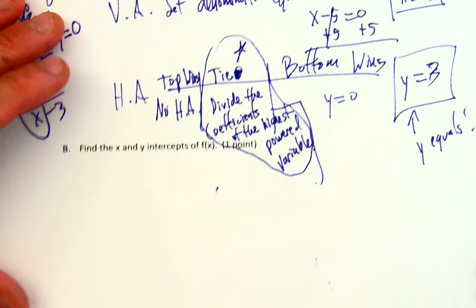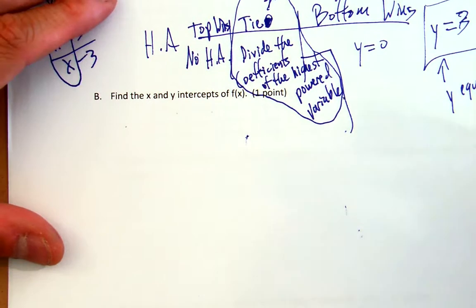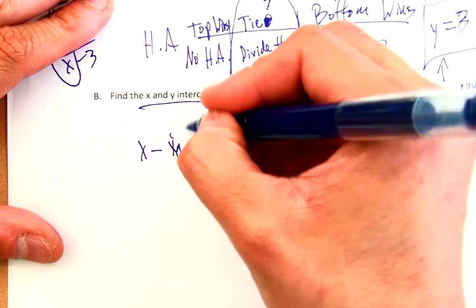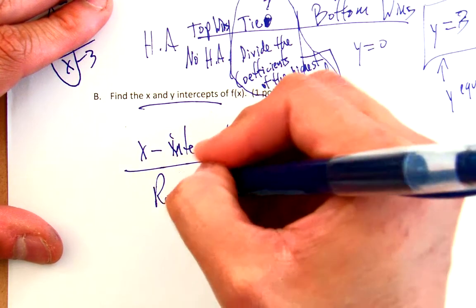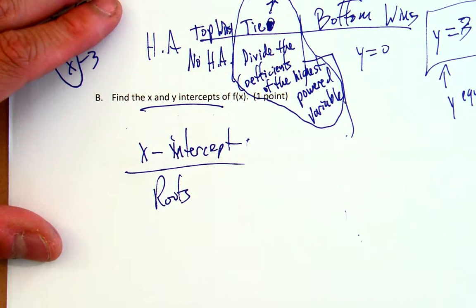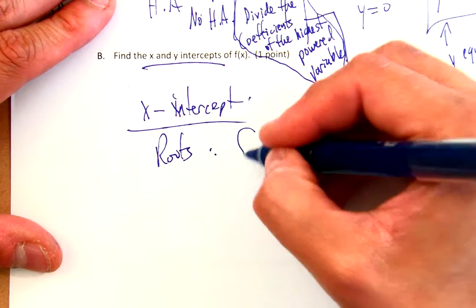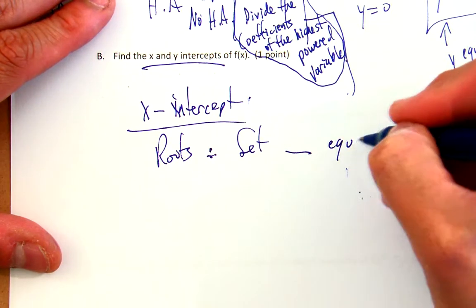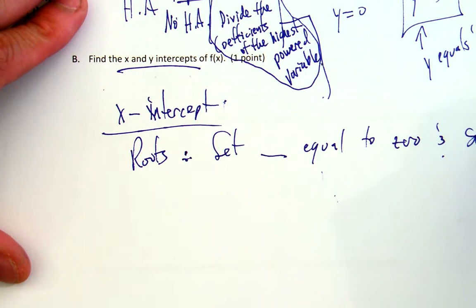For part B, it says find the x and y intercepts. So the x-intercept is basically like the roots. And how do we find the roots? Anybody remember? Set blank equal to 0 and solve.